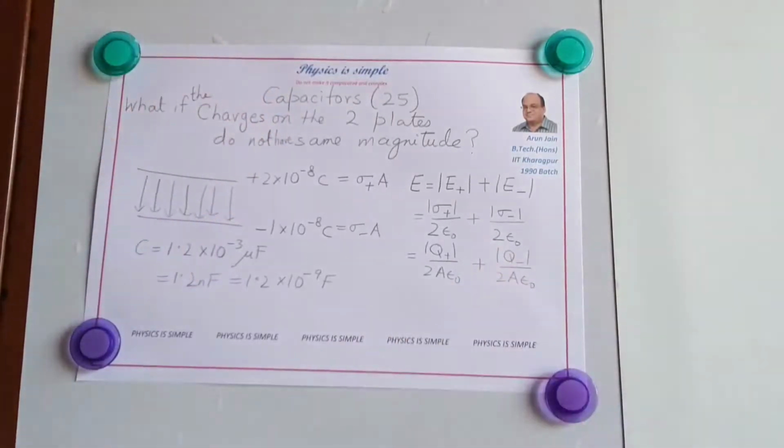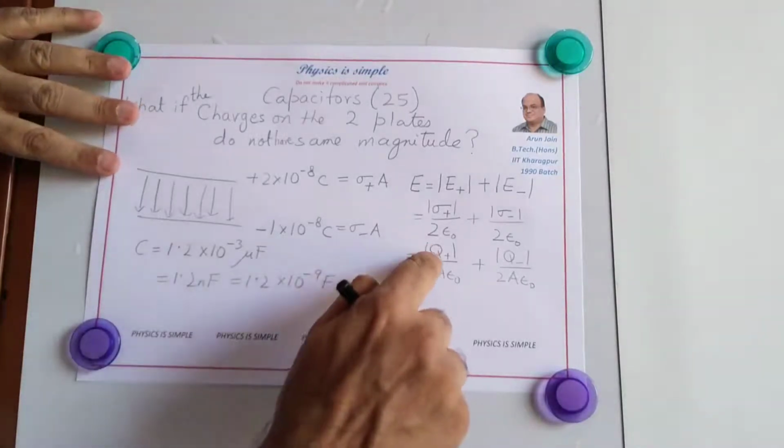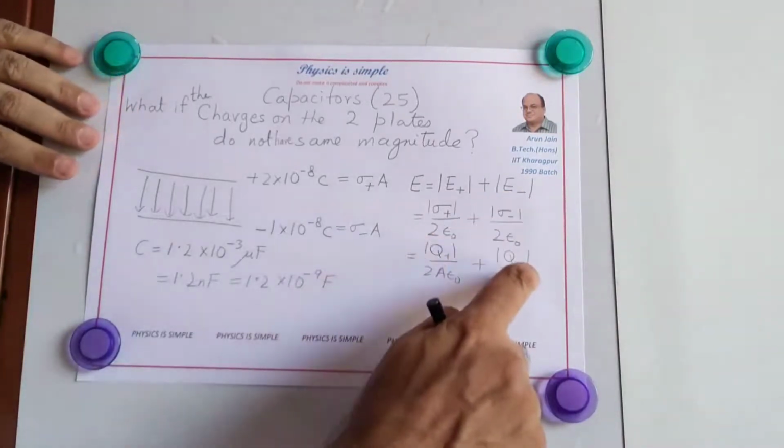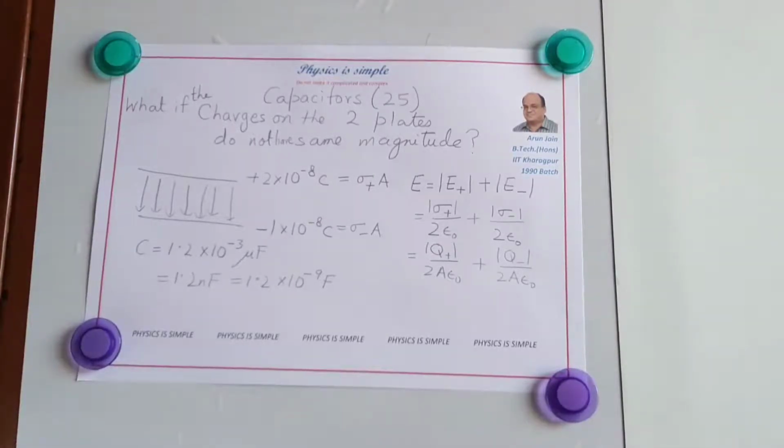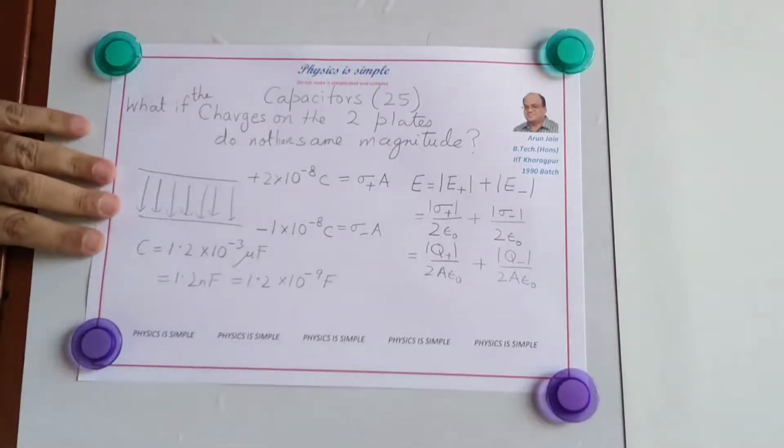So basically we get the magnitude of positive charge plus the magnitude of minus charge divided by 2A epsilon naught. This is the electric field between the plates. And once we know the electric field, if you multiply by D, we get the potential difference.